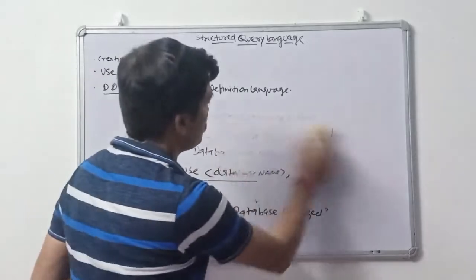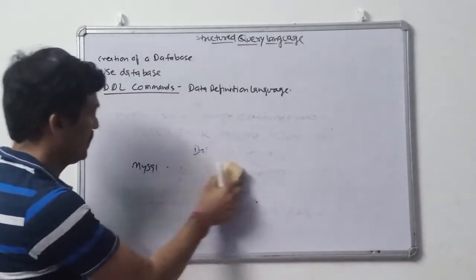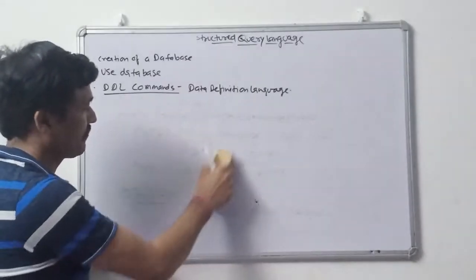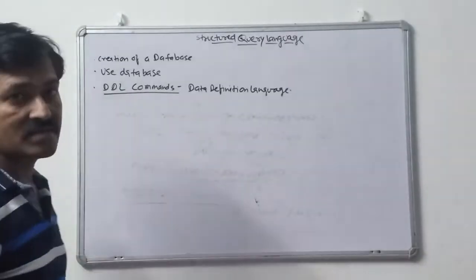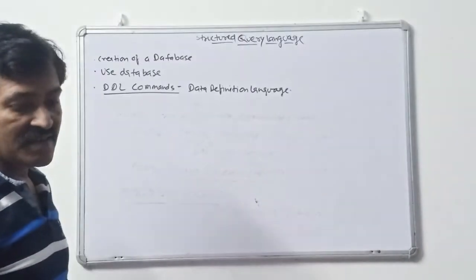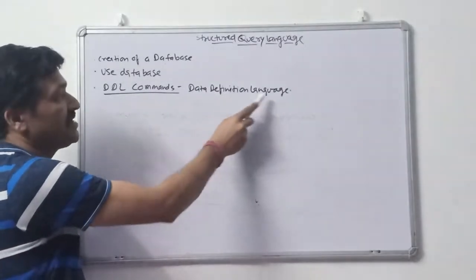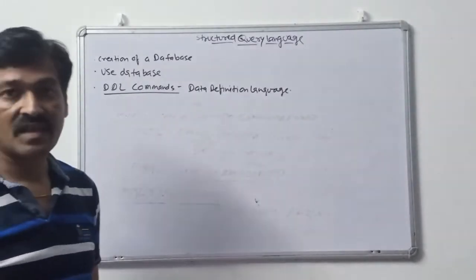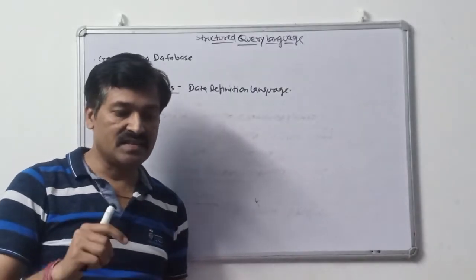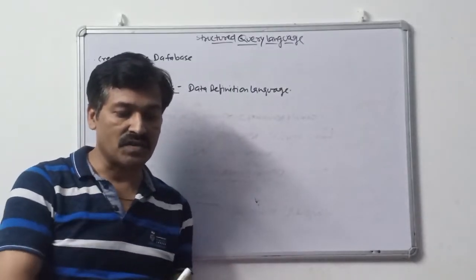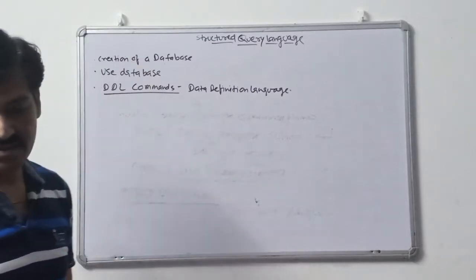Now we'll start with DDL commands. DDL, the full form is data definition language. There are 4 commands of DDL. These are the statements for the creation and deletion of tables.